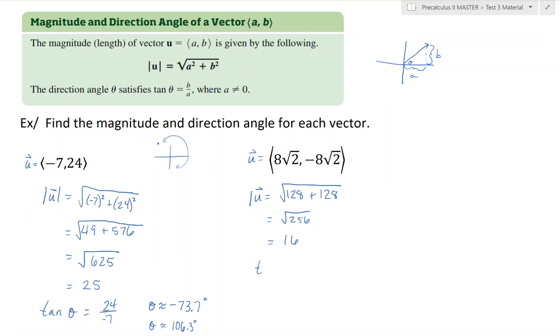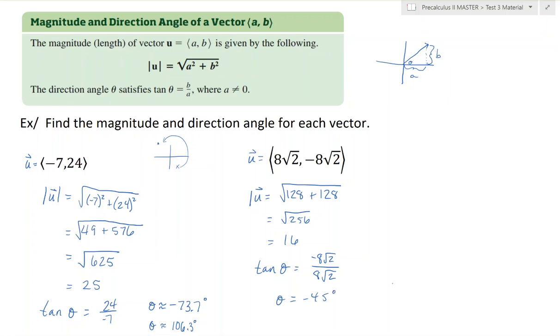And the tangent of theta is the vertical component divided by the horizontal component. And this is going to be negative 1. So the tangent of theta is going to be negative 1. And if we put that into our calculator, your calculator is going to spit out a negative 45 degrees. And we don't want a negative angle.